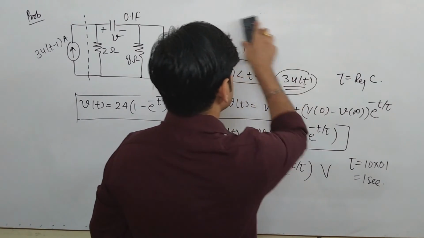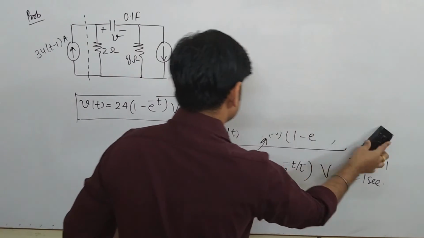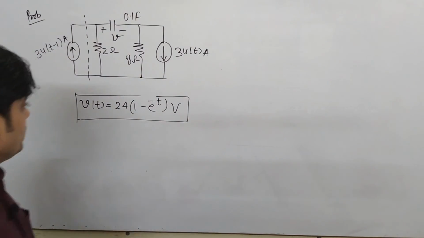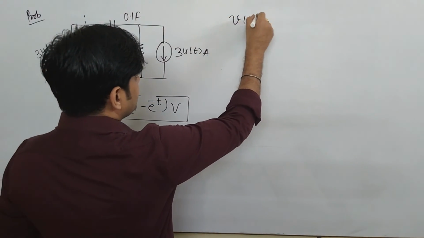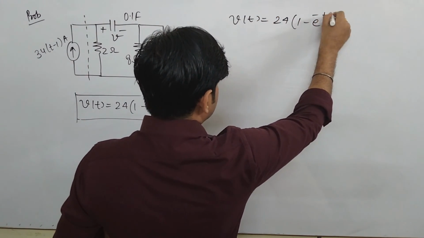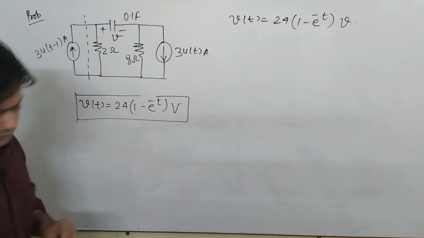I'll write it here. It is Vt, 24 (1 minus e to the power minus t) in volts.